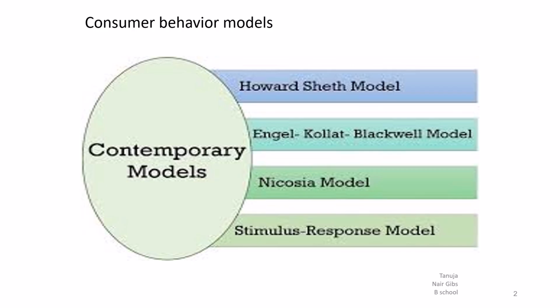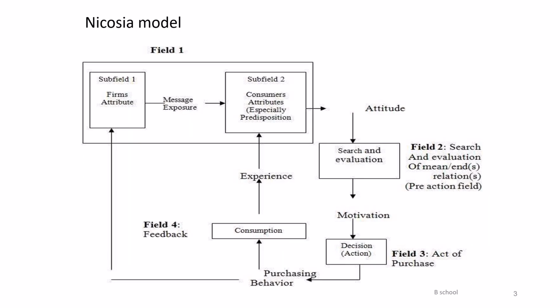Right now, as you can see, it has field 1, field 2, field 3 and field 4. In field 1, it has two subfields, that is the firm's attribute and the consumer attribute. Firm's attribute is all the messages and promotions they are trying to convey to the customers, through their product, advertisements and various kinds of promotions.